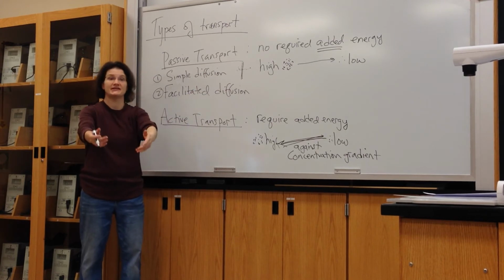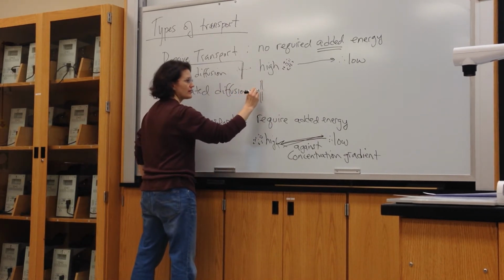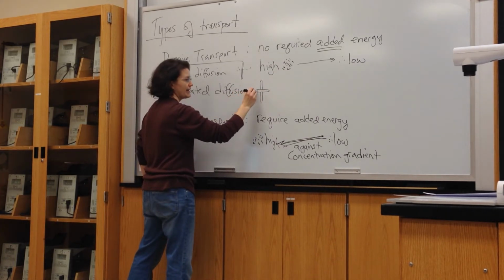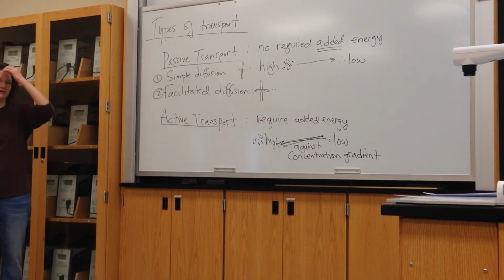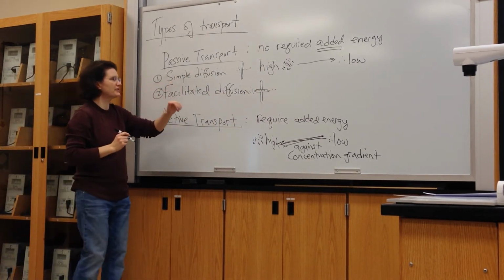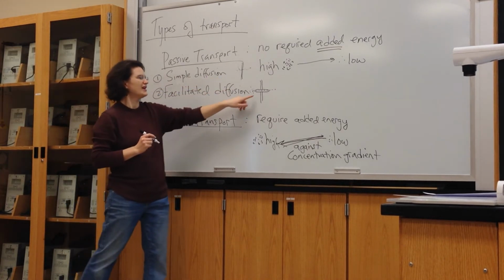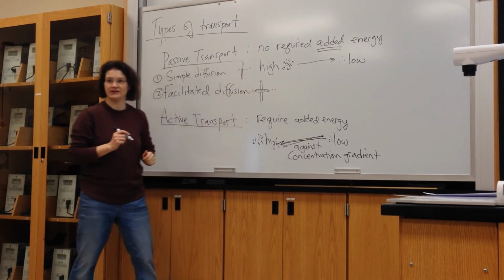It needs to be facilitated. And so it requires a transport channel in order to go from high to low. Okay? Does that help, Farley? Yes. So simple diffusion just goes right through that membrane, while facilitated diffusion needs some help. It needs a transport protein to be able to go from high to low concentration.